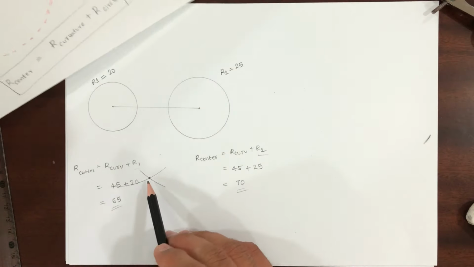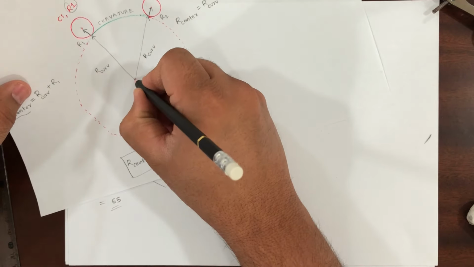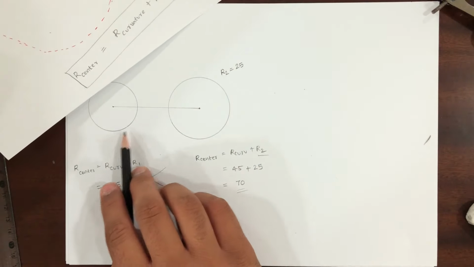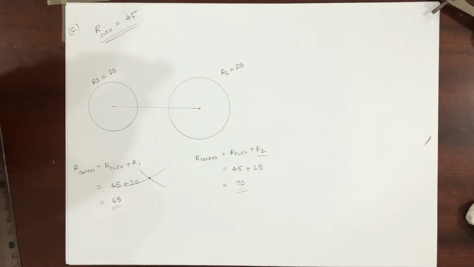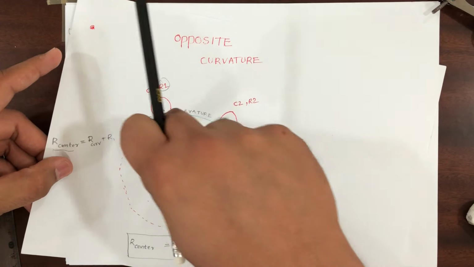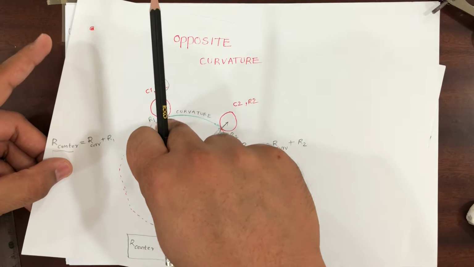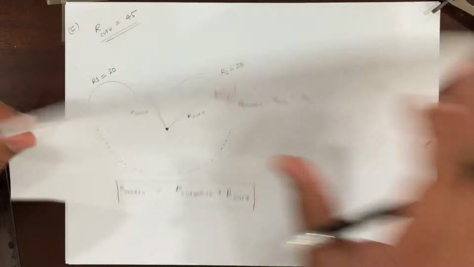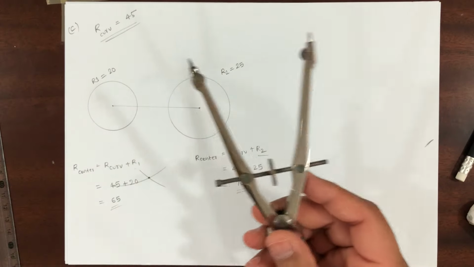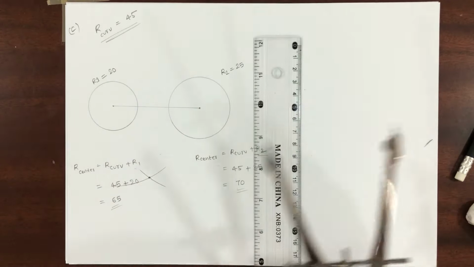From here, what you have to do? Set the radius as the radius of curvature and draw a curvature between these two lines. So what is the radius of curvature? 45.